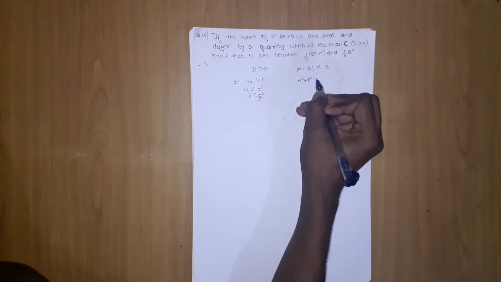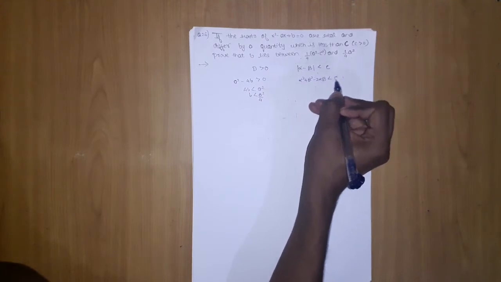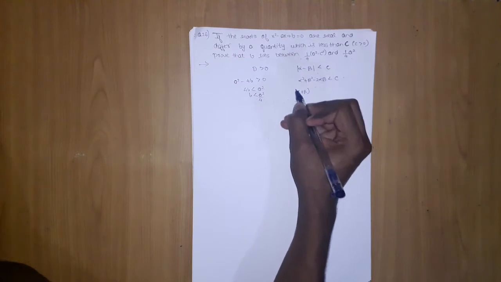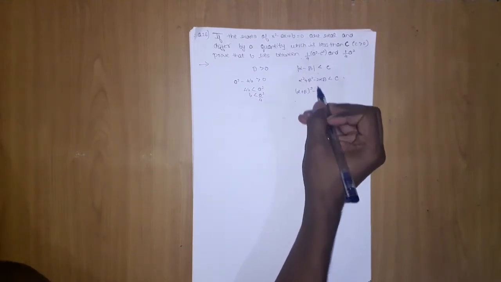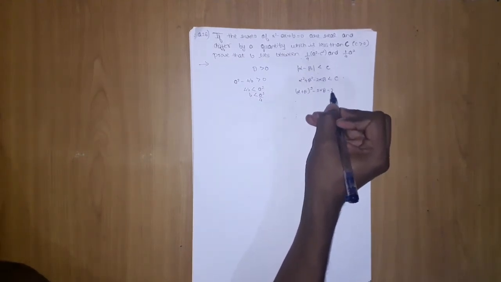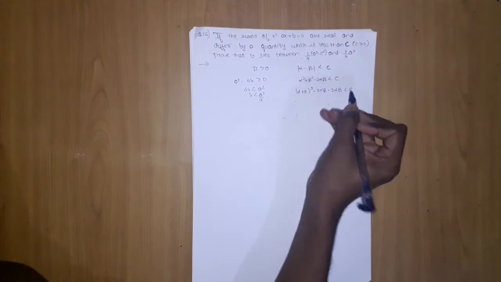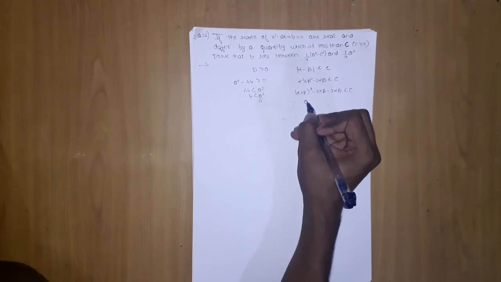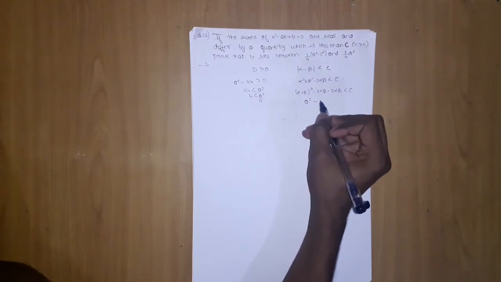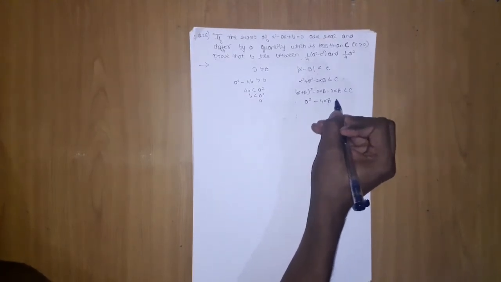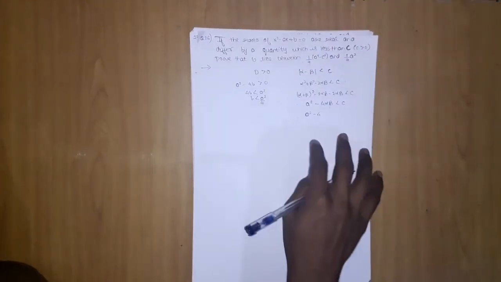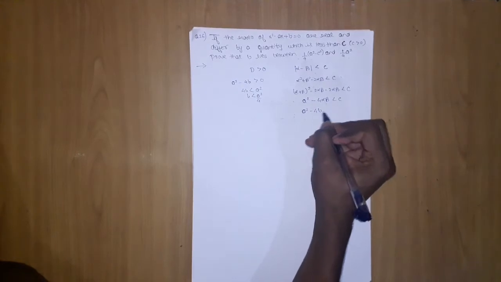Okay, now if I square both sides, I get alpha plus beta square minus 2 alpha into beta should be less than c, right guys? Now I can write alpha plus beta the whole square minus 2 alpha beta, and here I have again 2 alpha beta, which is less than c. Now I can write alpha plus beta the whole square minus 4 into alpha beta, which is less than c. Now a square minus 4 alpha into beta is b, which I will write here.